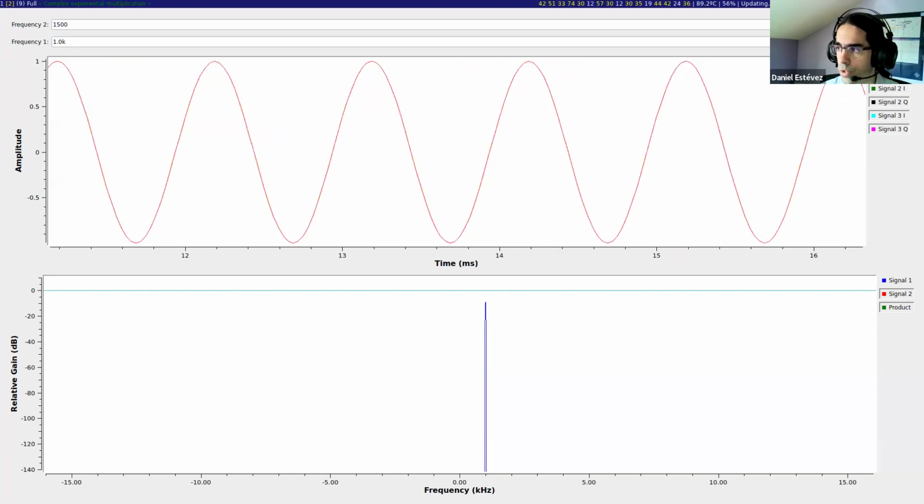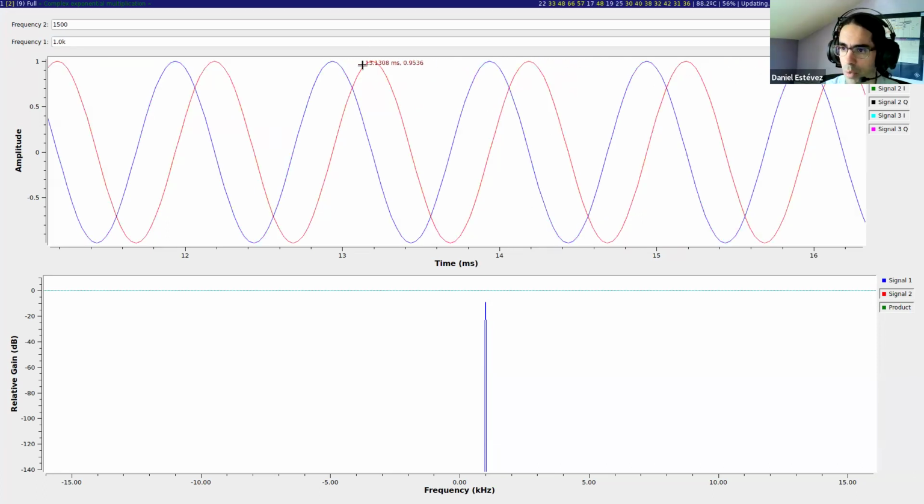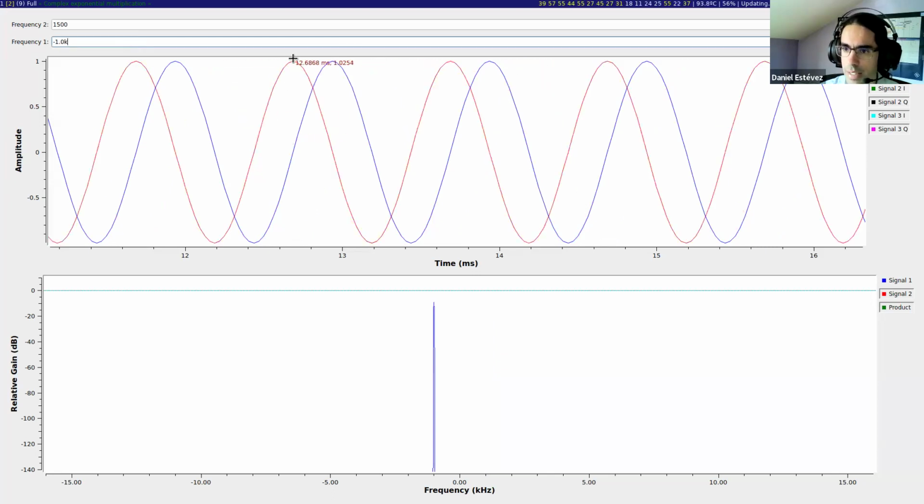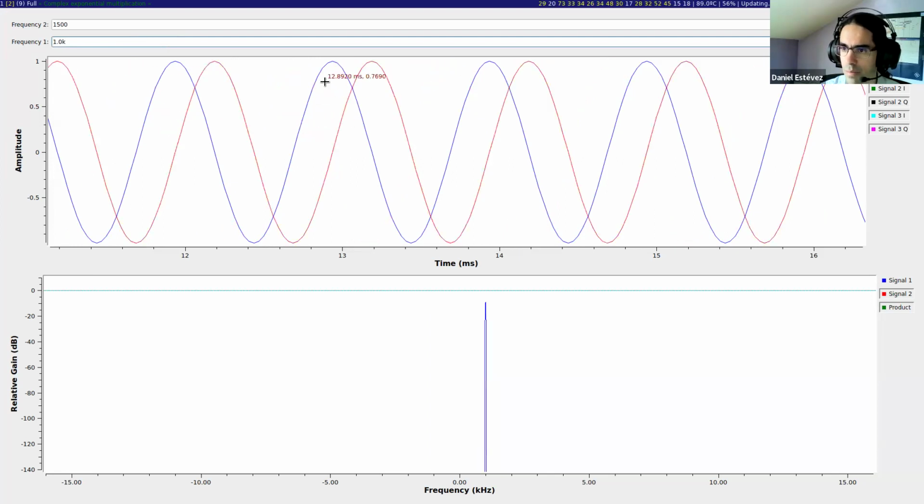Only when we introduce complex numbers and we are able to check if the imaginary part is before or after the real part, we gain the notion of having negative frequencies. So that's a way of explaining how complex signals work and why we have negative frequencies.